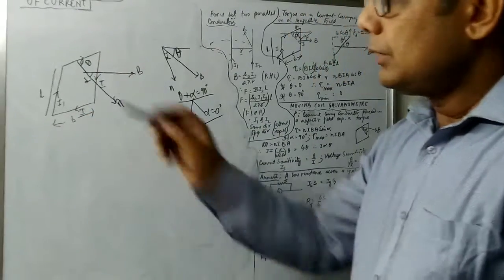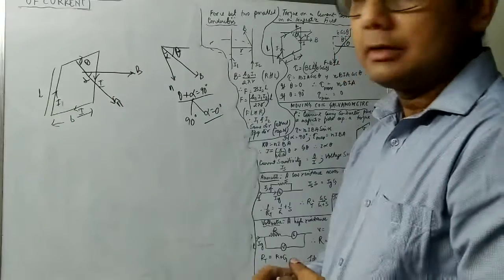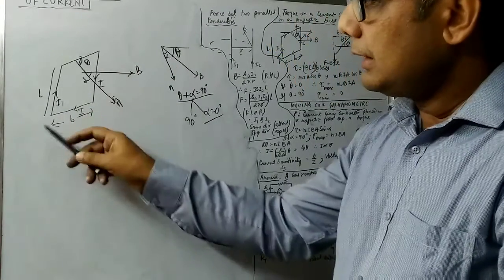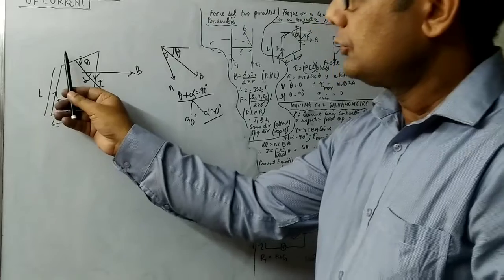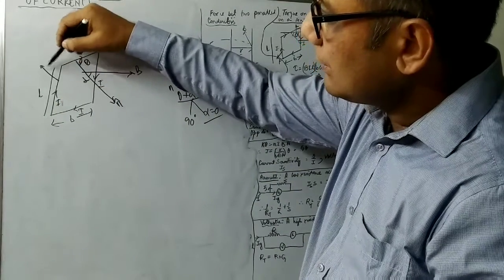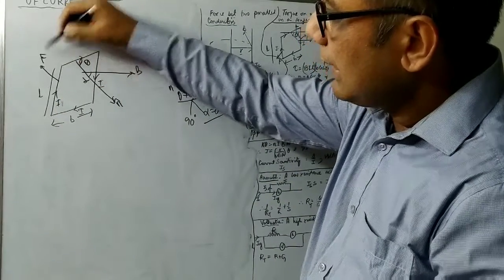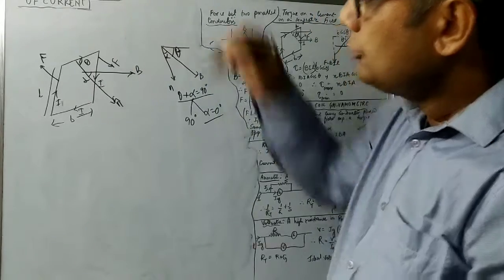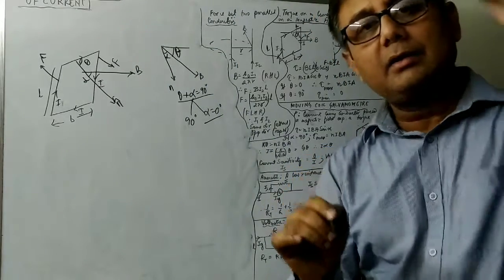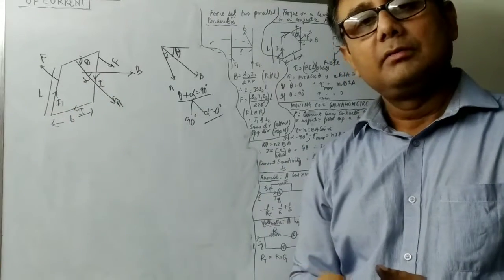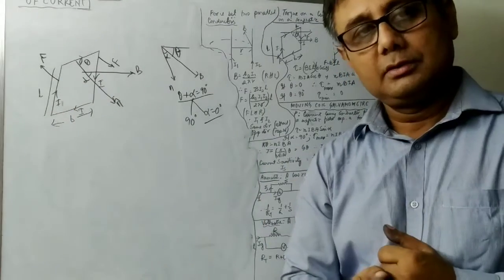Current I is flowing through the wire. So watch here. This coil is of length L and breadth B, and when the current I flows through this and this, basically two forces act, and those two forces are opposite to each other because the direction of the current reverses. So the force's direction will also be opposite.